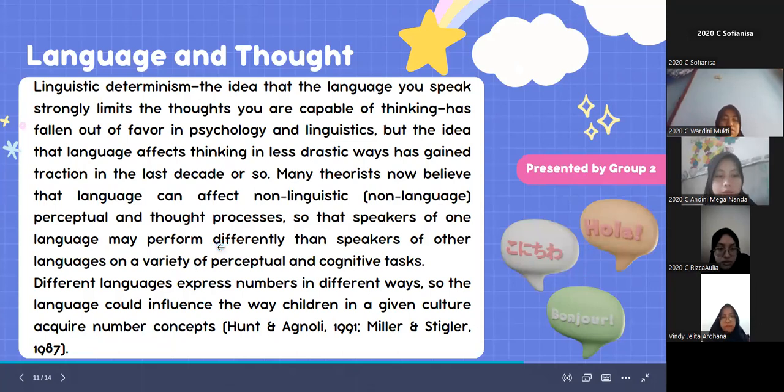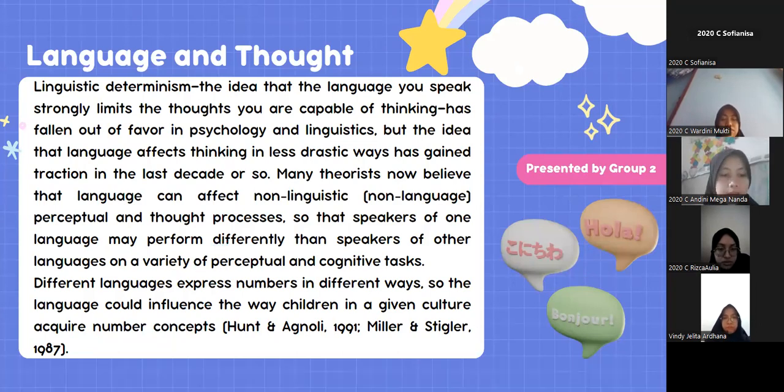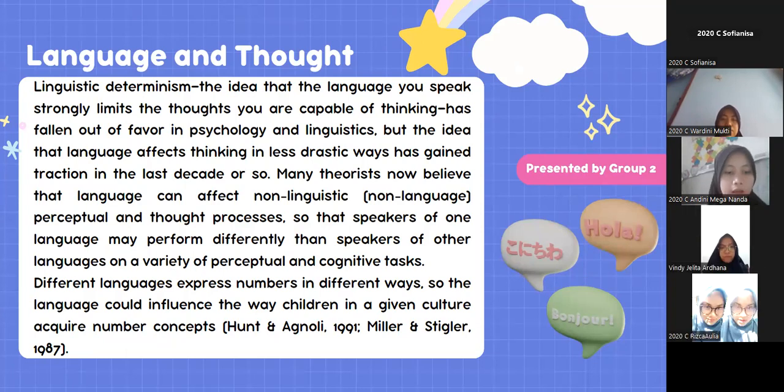Determinism, the idea that the language you speak strongly limits the thought you are capable of thinking, has fallen out of favor in psychology and linguistics. But the idea that language affects thinking in less drastic ways has gained traction in the last decade or so.